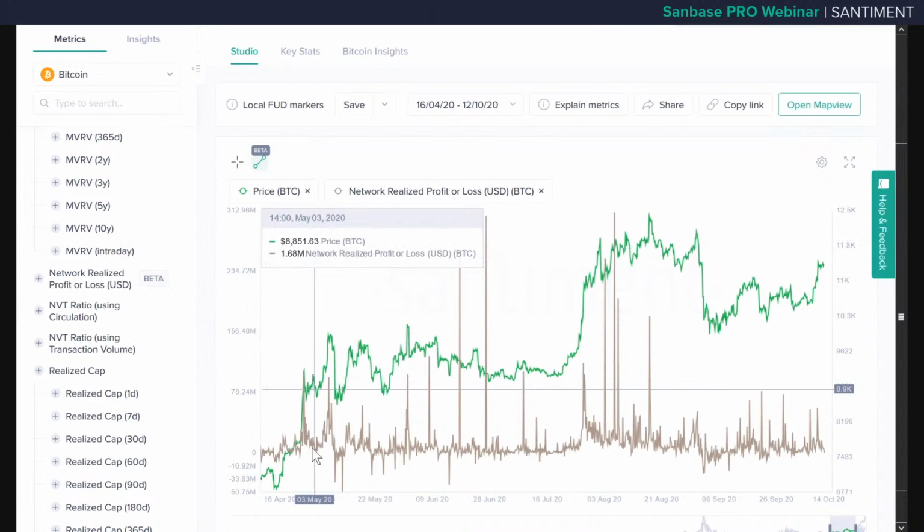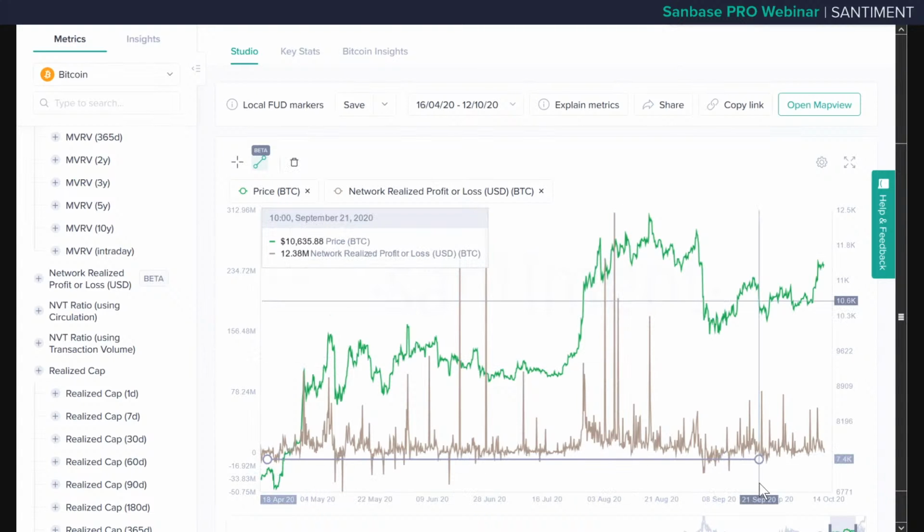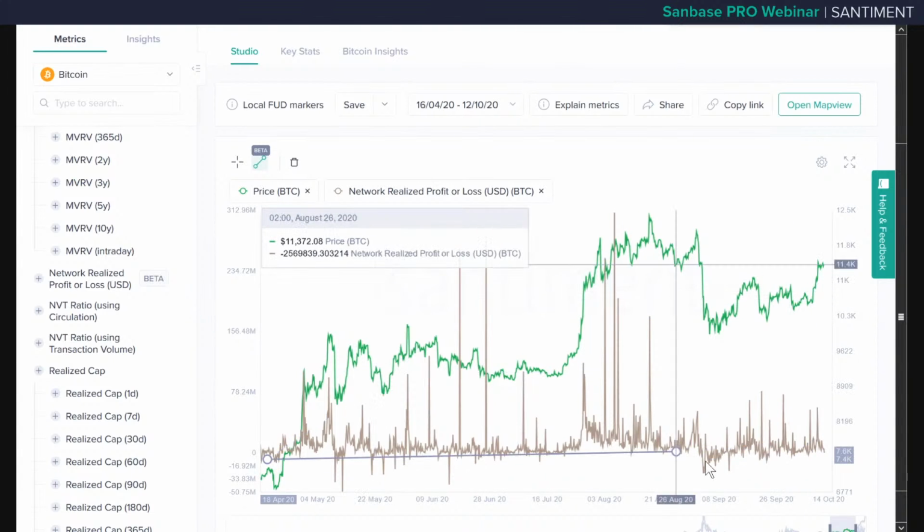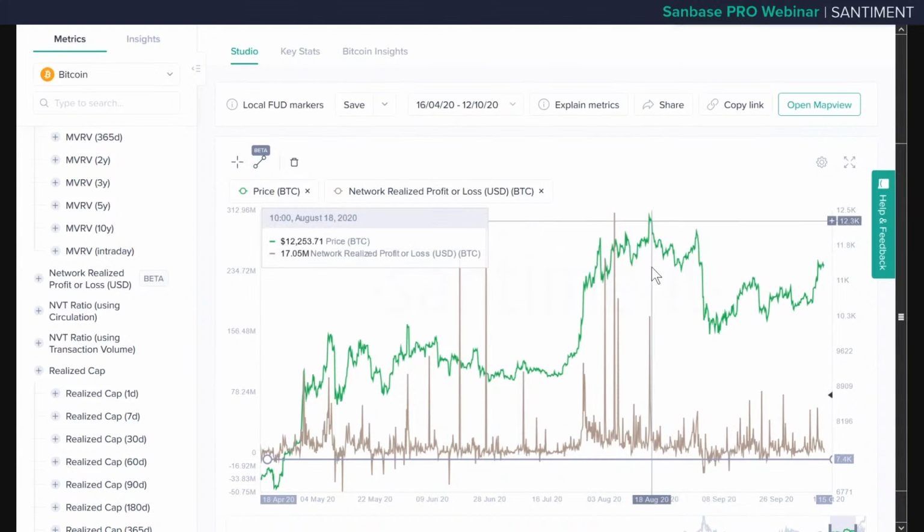If you look at the number of times network profit loss for Bitcoin has dropped below this particular threshold, around zero, whenever it dipped below zero, pointing to people realizing losses on average, it usually tends to show undervalued conditions, and at least in the past it had a tendency to coincide with short-term price recoveries.